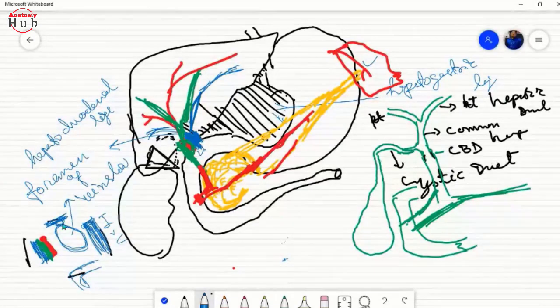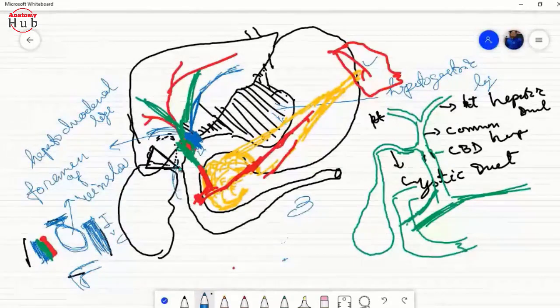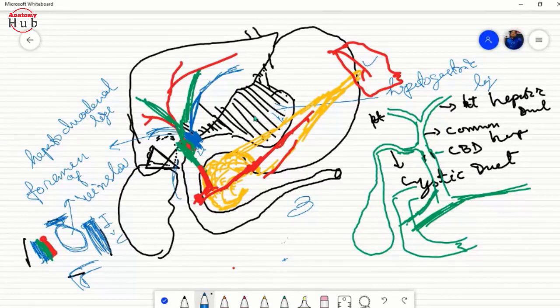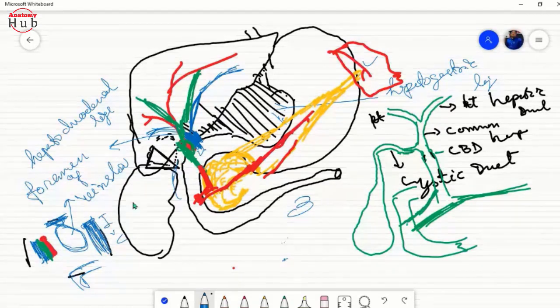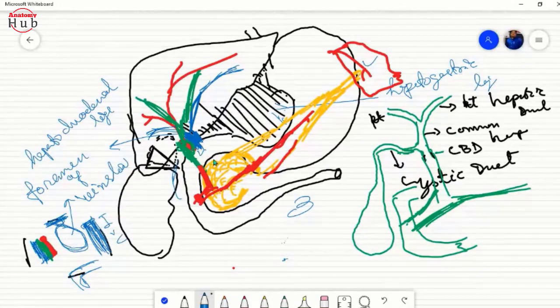And at this opening, the foramen of Winslow, if due to intra-abdominal pressure or whatever it is, a loop of intestine enters from the greater sac through the foramen of Winslow towards the lesser sac, and that intestine gets stuck inside this foramen, then a foraminal hernia may occur, right?